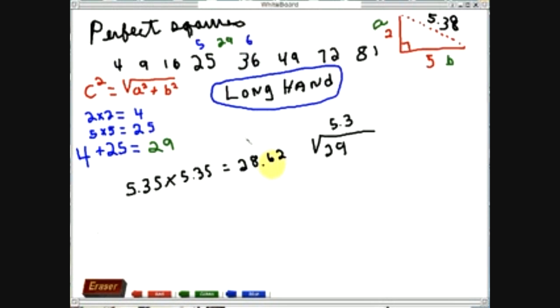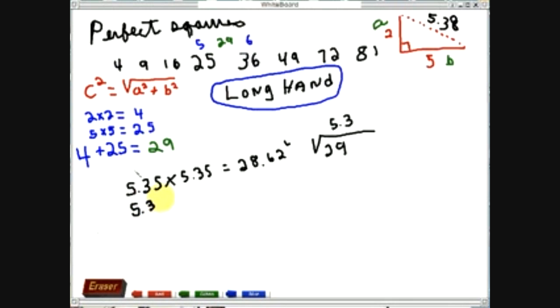Well, we know we've got to go to 29, so there's a chance there's going to be another number a little larger. This one here is a little larger than this one here, because this is lower than 29. So we're going to try, I'm going to take a guess again. This is just a guess, and that's how you make your decisions, from your guesses.